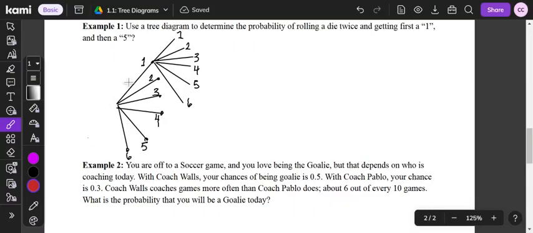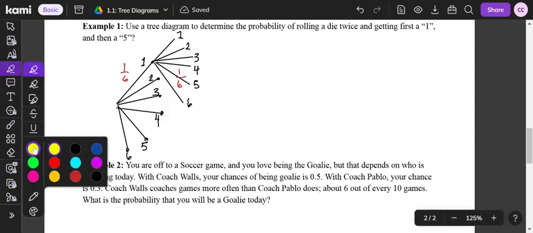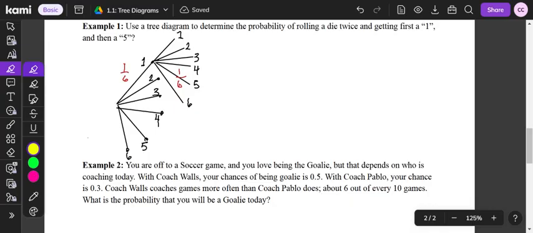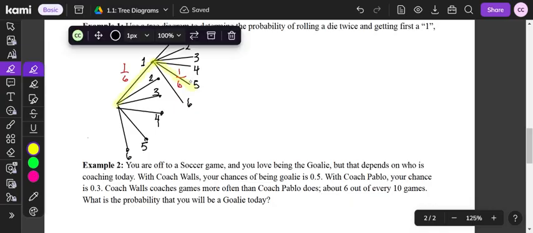Okay, I know that to get a 1 that first time, I had a 1 out of 6 chance of getting that 1. And then it says I got a 5 the second time. So if I follow this branch to the 5, well, I know that second time I also had a 1 out of 6 chance. Okay, so once more, if we follow that branch, first I had a 1/6 chance, then I had another 1/6 chance.